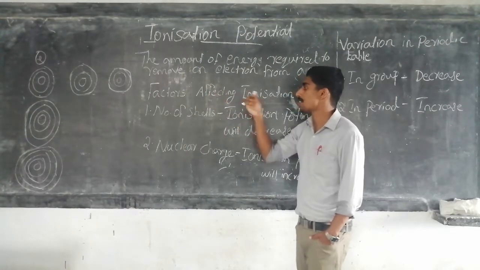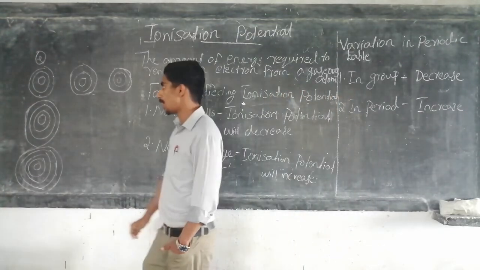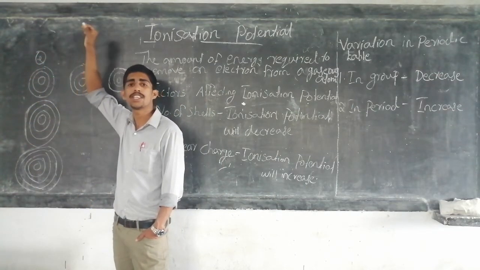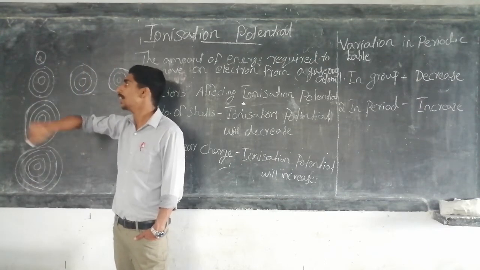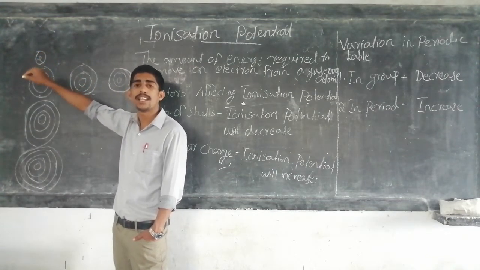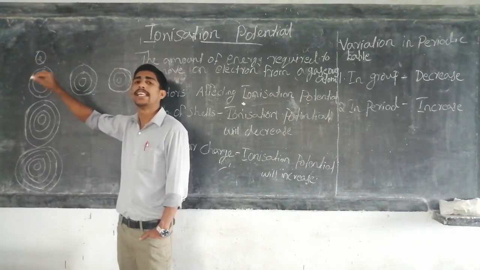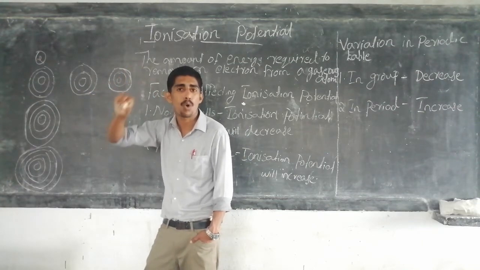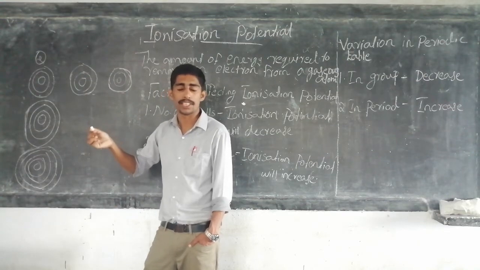So which are the factors affecting the ionization potential? First one is the number of shells. If the number of shells increases, ionization potential will decrease. Why? Because when the number of shells increases, the effect of the positively charged nucleus on the valence shell will decrease due to the shielding effect.